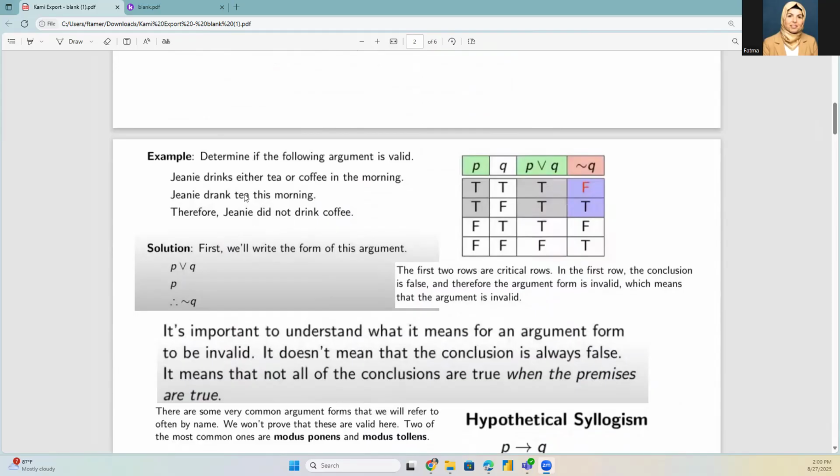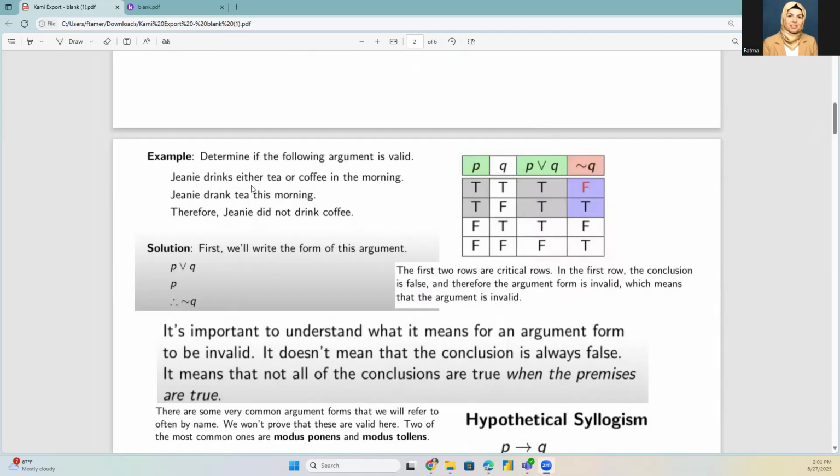Now let's take a look at another example. We're going to determine if the following argument is valid. The first premise is: Jenny drinks either tea or coffee in the morning. Jenny drank tea this morning. Therefore, Jenny did not drink coffee. Let's form our argument first.